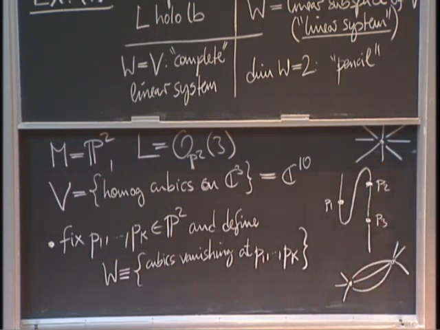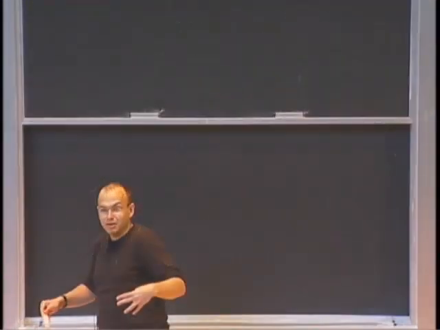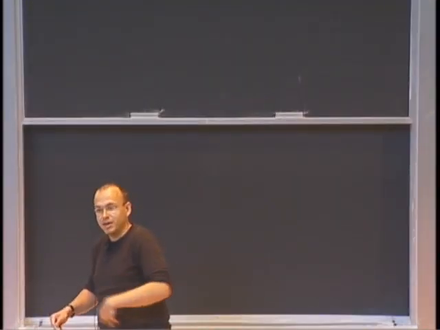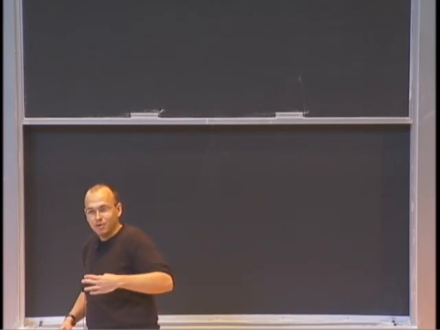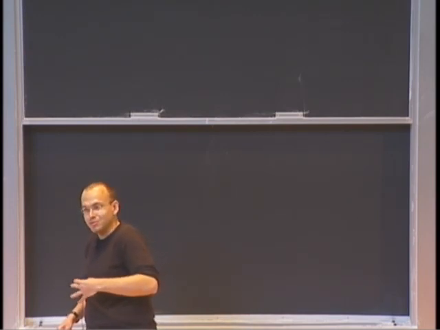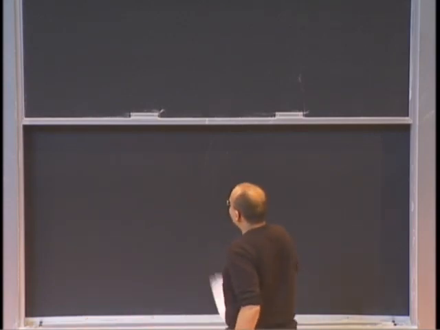But as you increase the number of points, and these things get more and more special, and certainly if you demand that your cubic passes through too many points, then the problem is overdetermined, and there's not going to be even a single cubic that passes through a very large number of points. But there's an intermediate range around 9 points where some unexpected things happen.